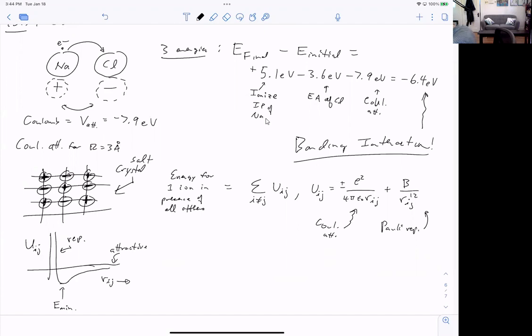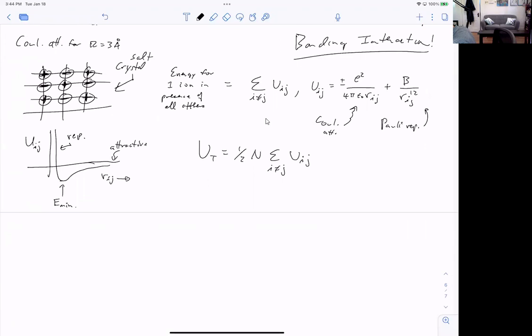And then you can calculate for the total crystal. For the total crystal, the total energy is 1/2 times the number of atoms times this sum that you can calculate.